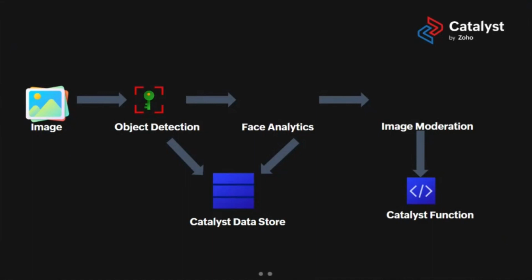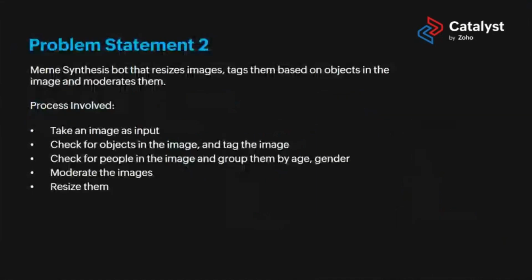Now we'll go ahead and look at each use case to see how we will solve this. We'll also look at how you might solve this. So the case we had discussed was a meme synthesis bot. We take an image, we perform object detection, and once we perform object detection, we tag that in the data store to understand which object has been tagged that way.